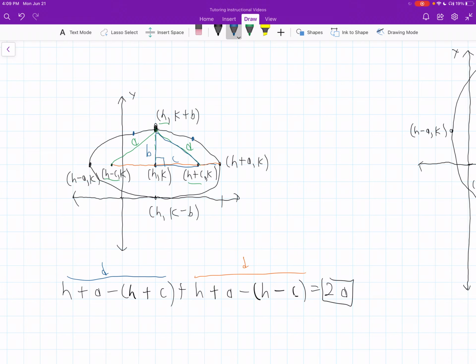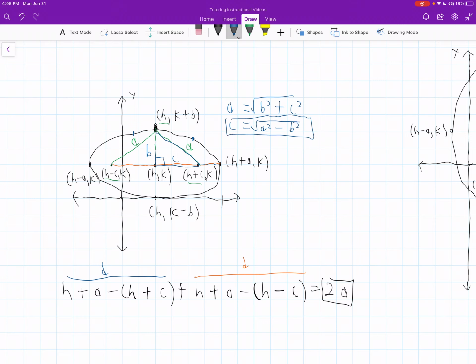That's a right triangle, so by the Pythagorean theorem the hypotenuse a equals the square root of b squared plus c squared. We can rearrange this to solve for c. That would give us c equals the square root of a squared minus b squared, if you do the algebra.